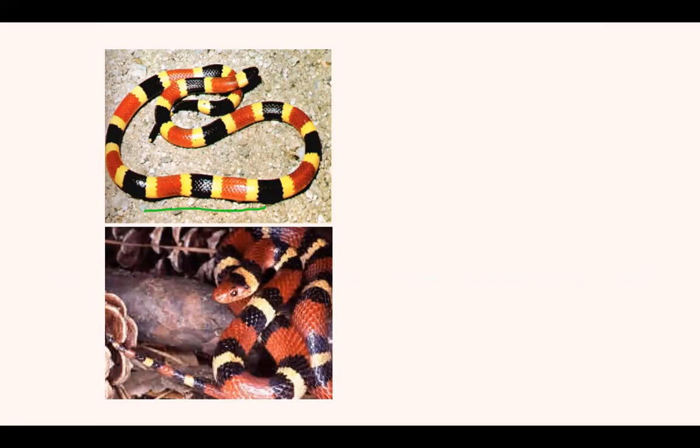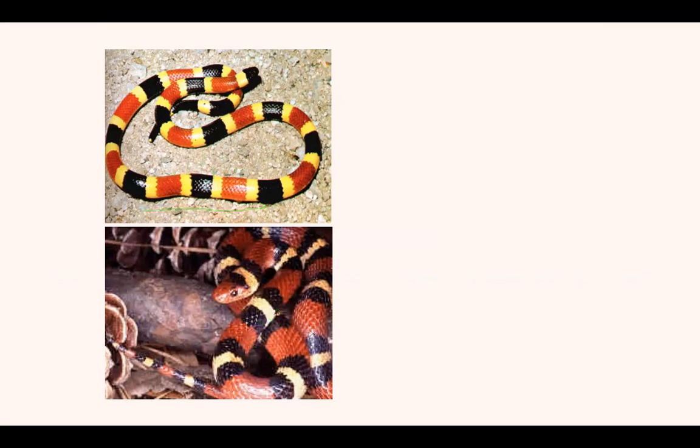If you look at the black part, it's surrounded by yellow stripes. And down here, it's yellow surrounded by black stripes. Or you could say it goes orange, yellow, black, yellow, orange. And this one goes orange, black, yellow, black, orange. But you see how similar they are.